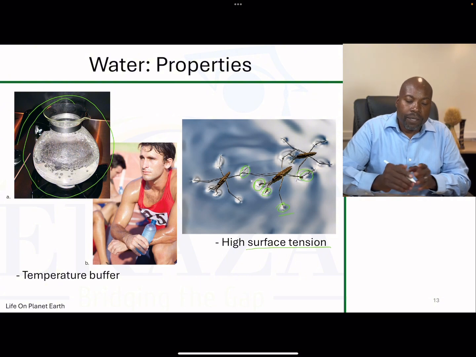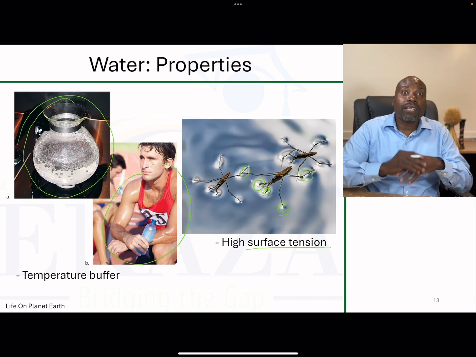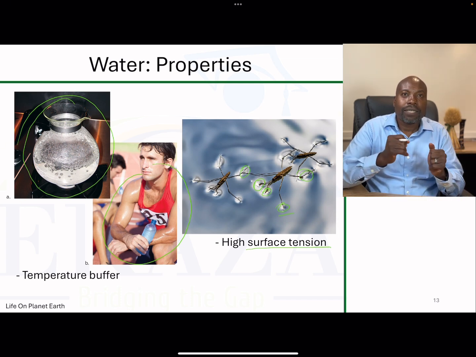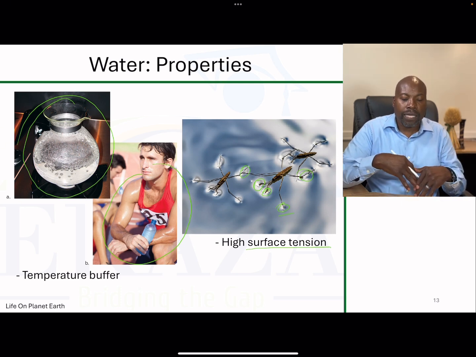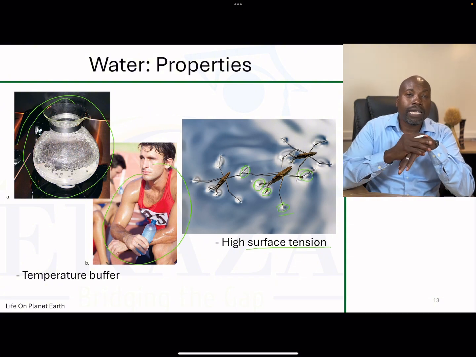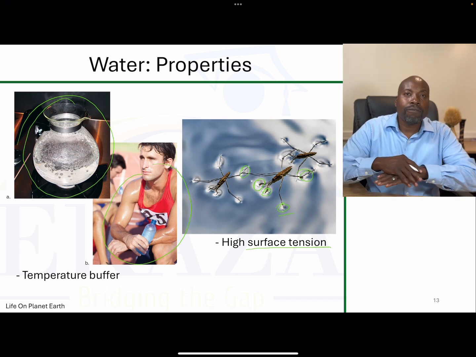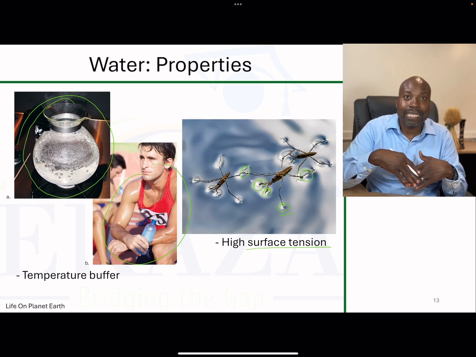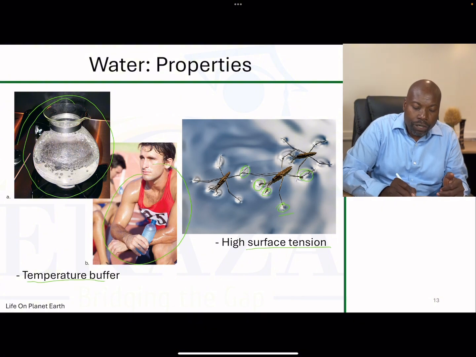But water, when we exercise, when it's hot in the environment, can also break the radiation of temperature inside of our body. So when it's hot outside, our body feels the heat, we start sweating, and that small film of water is enough to break the radiation of the heat inside, right? That speaks to how water is a temperature buffer.